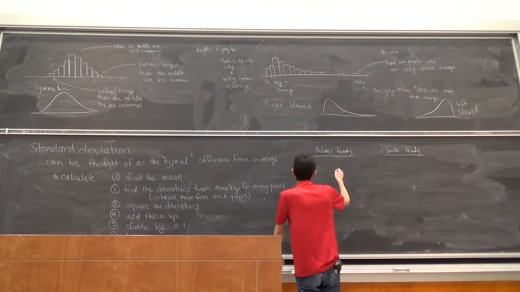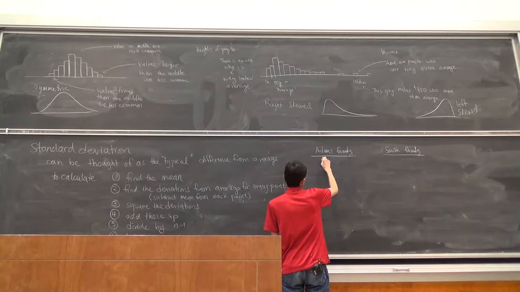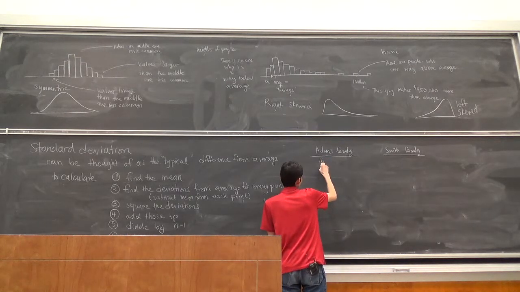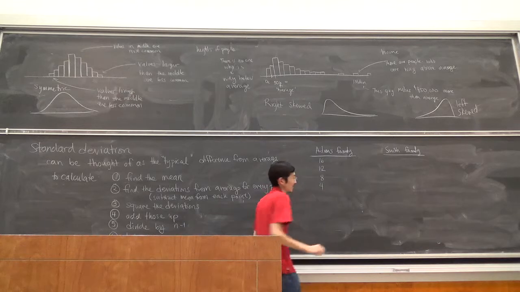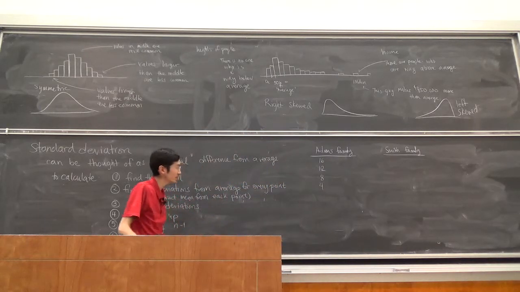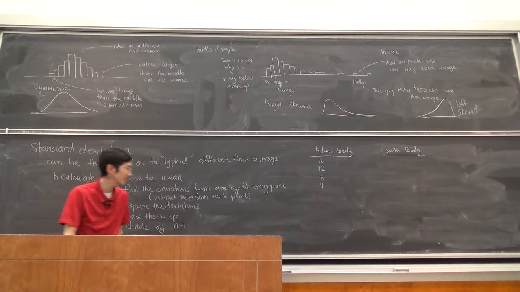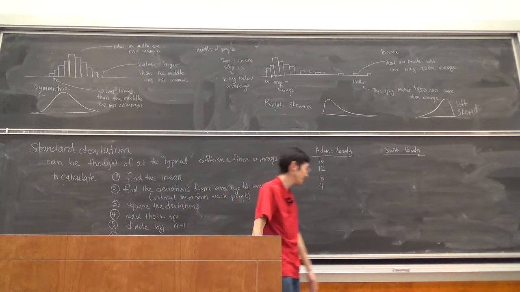The Addams family, their oldest is 16 years old, and then they have a 12-year-old, an 8-year-old, and a 4-year-old. They methodically planned out each of their children to be 4 years apart.